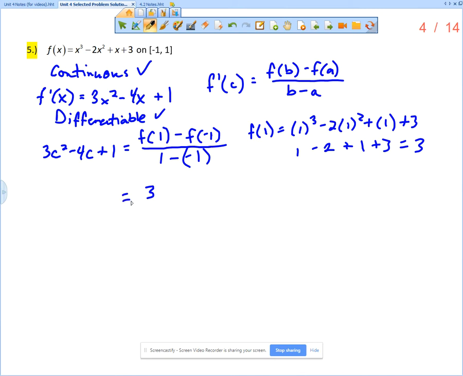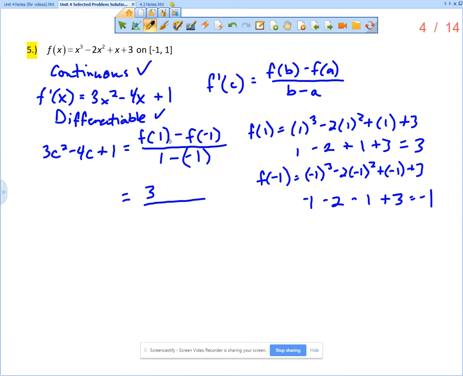Next, f of -1 is -1 cubed minus 2 times -1 squared plus -1 plus 3. So -1 cubed is -1, minus 2 times -1 squared, that would be -2, minus 1, plus 3. So -1 minus 2 is -3, minus 1 is -4, plus 3 is -1.